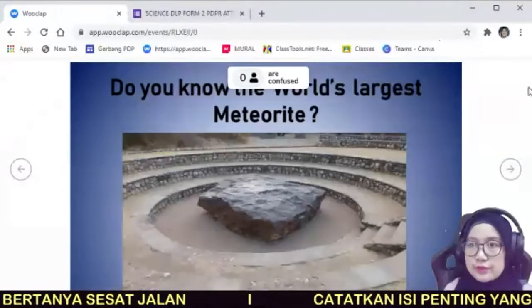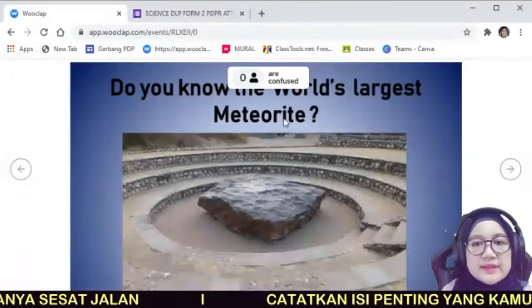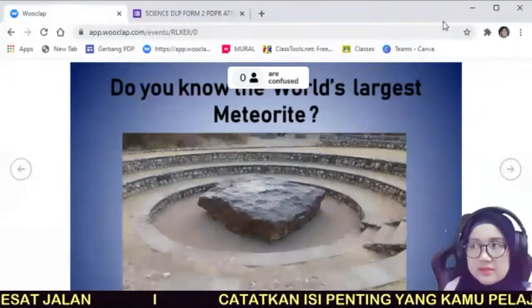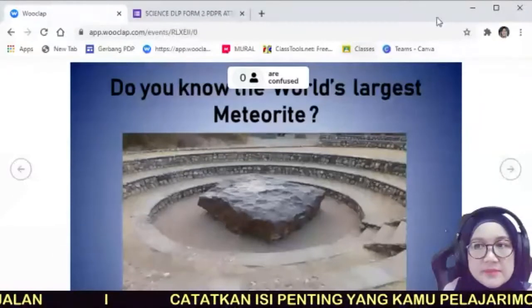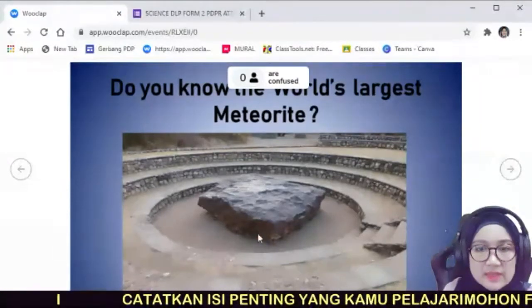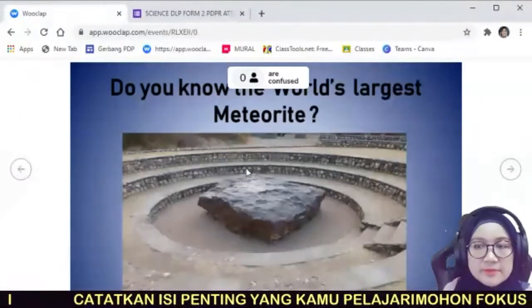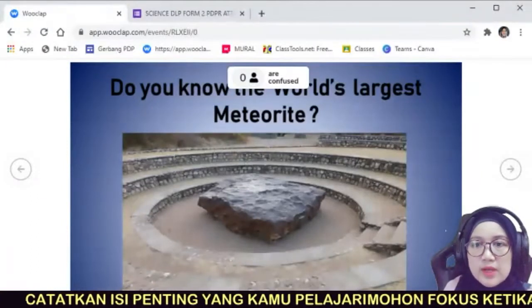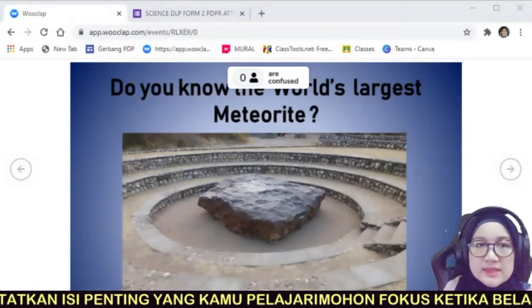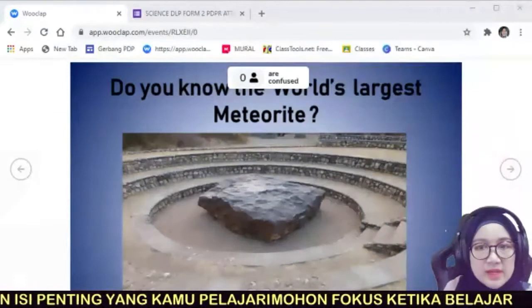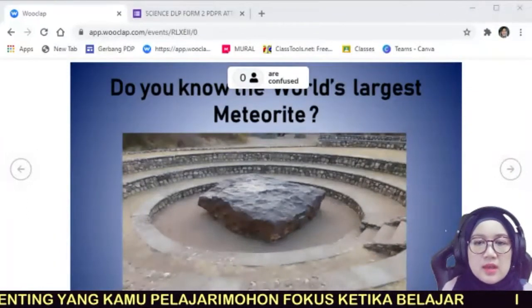Do you know the world's largest meteorite? What is the world's largest meteorite? Okay, this is one example of a meteorite. So we are going to learn what the definition of meteorite is.